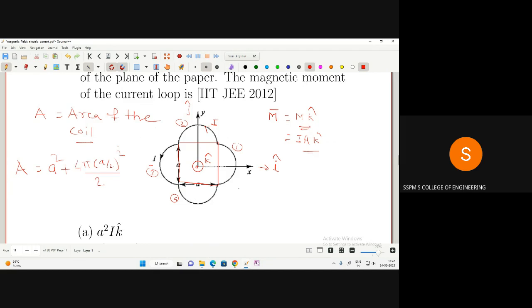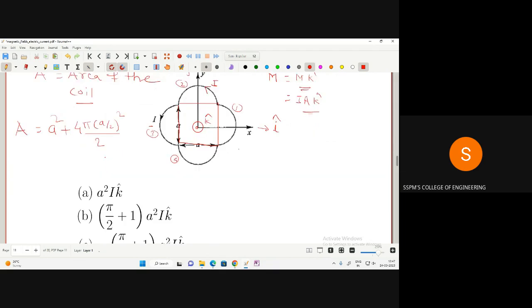So we multiply by 4. Simplify this: after simplifying you will get a square plus 2 pi a square divided by 4, which is equal to a square plus pi a square divided by 2.